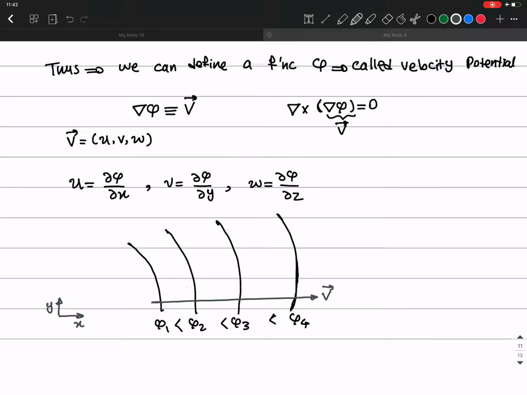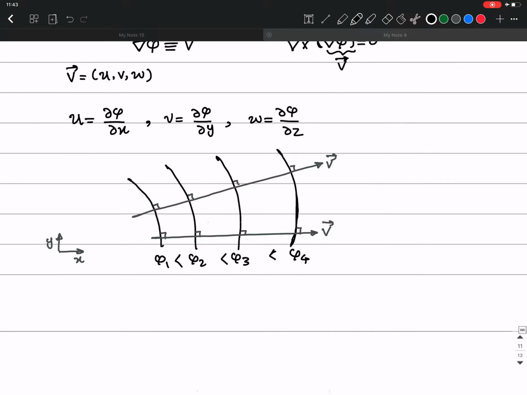It's going to be a velocity vector, and in this direction, it's going to be like this, right? And this is going to be always perpendicular. The velocity vector is going to be perpendicular to these velocity potentials, okay?